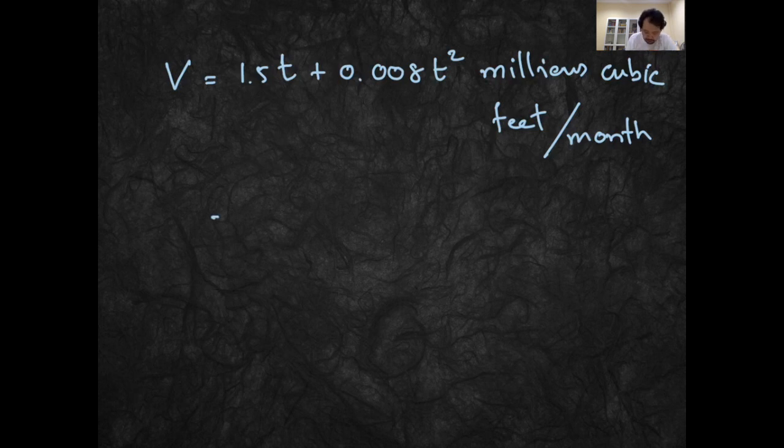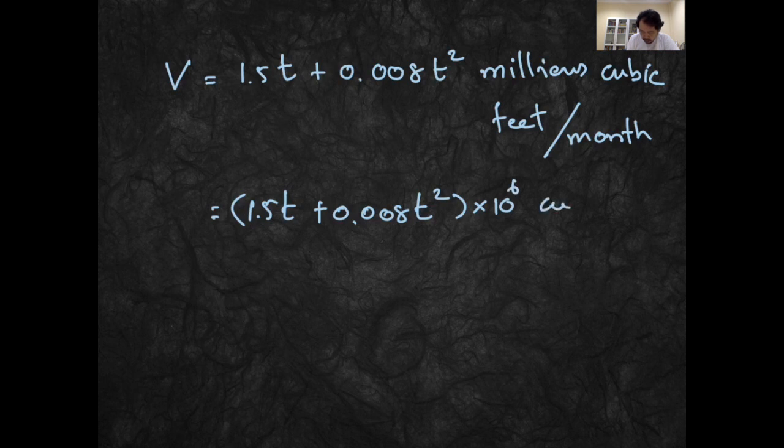So we have that this is 1.5 t plus 0.008 t squared times 10 to the 6th cubic feet per month. Okay.